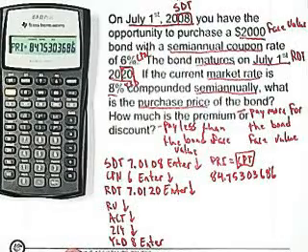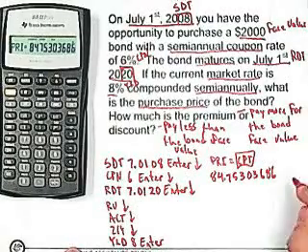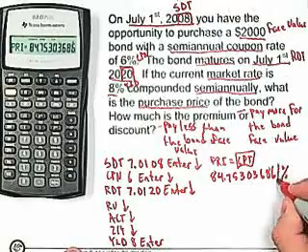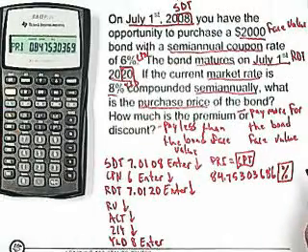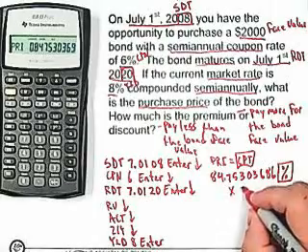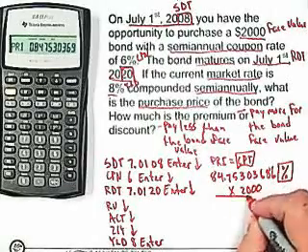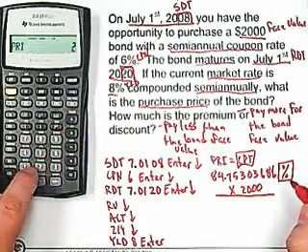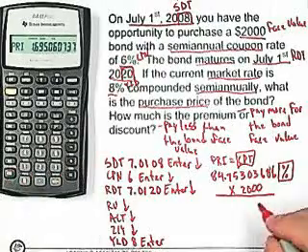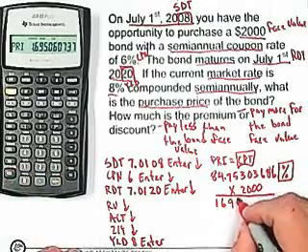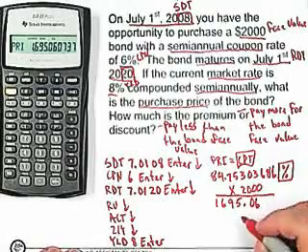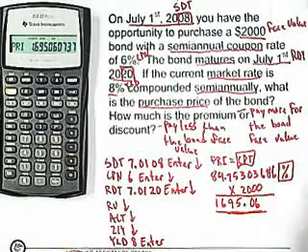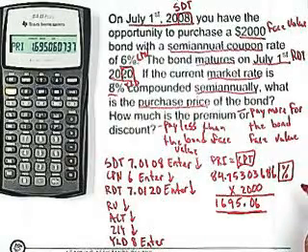So to get this to the actual purchase price, you hit the percent button to change this to a decimal, and then you multiply it by the face value, which is 2,000. So we're going to multiply this times 2,000, and I get $1,695.06. So this is how much we're going to pay to buy the bond on July 1st of 2008.